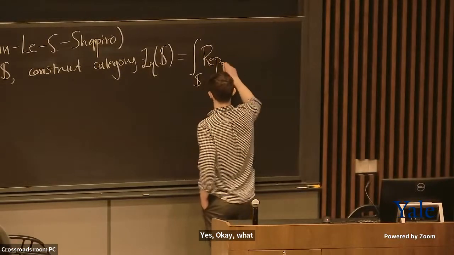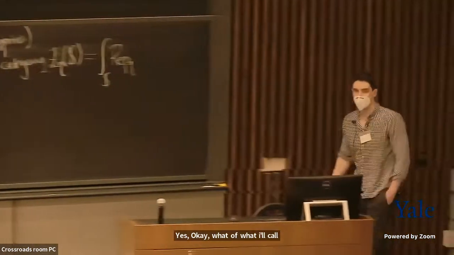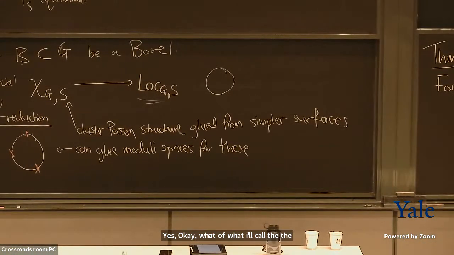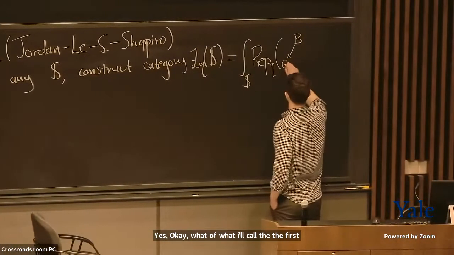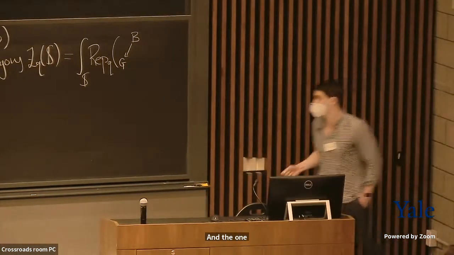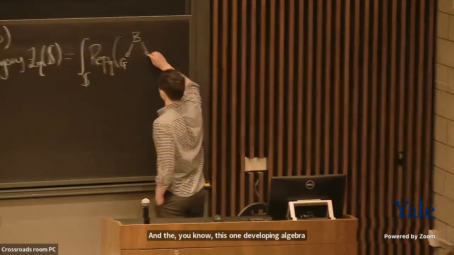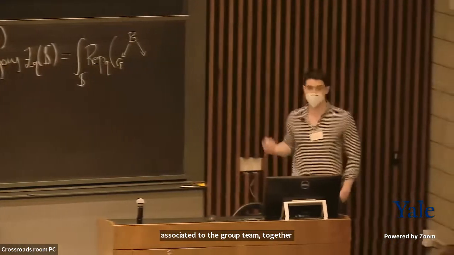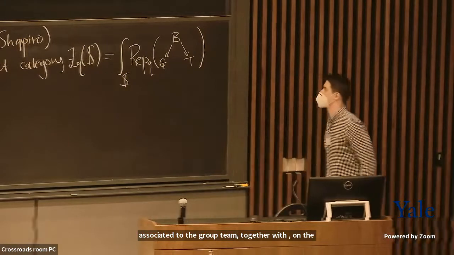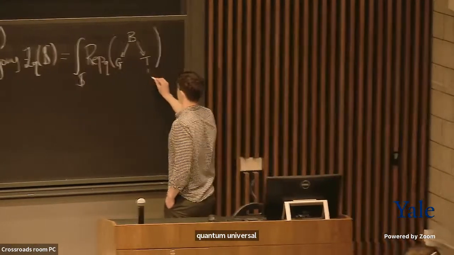Of what I'll call the parabolic induction algebra associated to the quantum Borel subalgebra in the quantized universal enveloping algebra associated to our group G, together with the corresponding quantum universal Cartan.